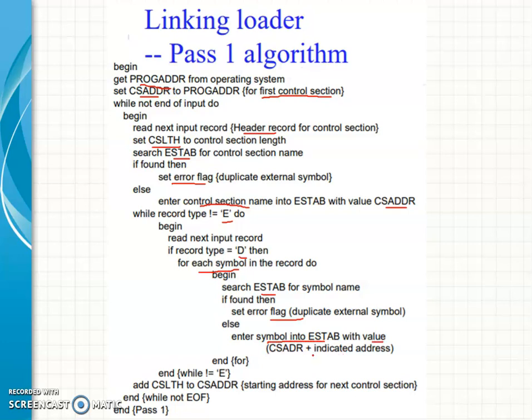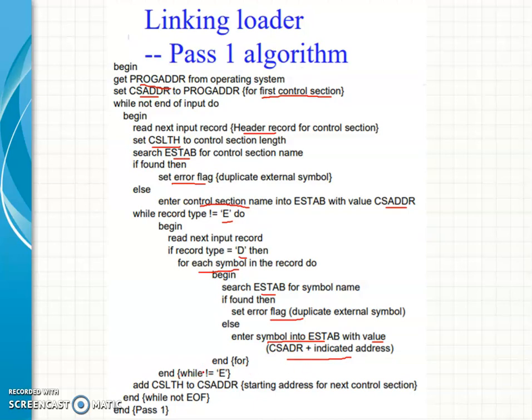And if not found, you need to enter the symbol into the STAB with a value. So what will be the value? CSADDR plus the indicated address. Indicated address means the address that is given, that is first assigned within the control section, and that will be the address given in the object code, which needs to be loaded to memory, and which will be given as input to the loader.